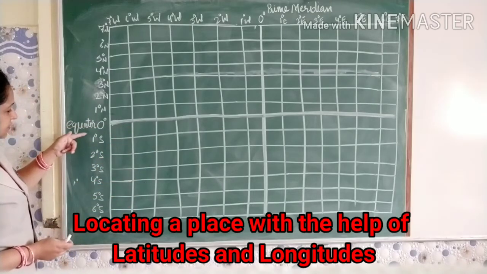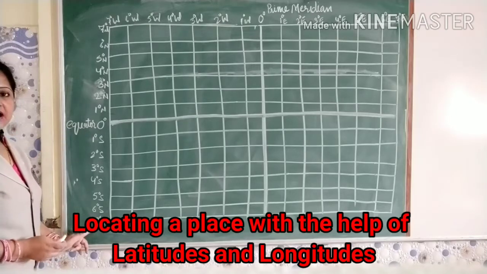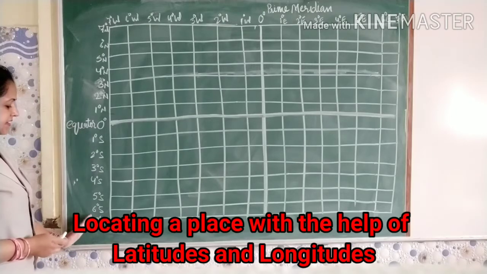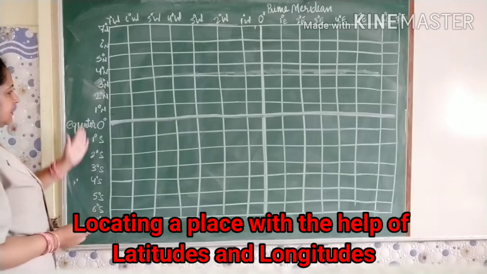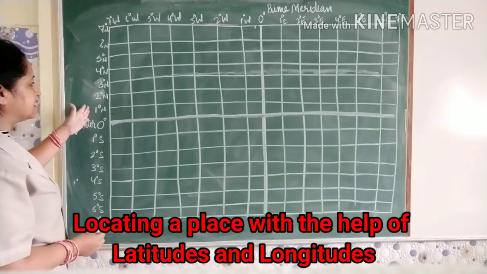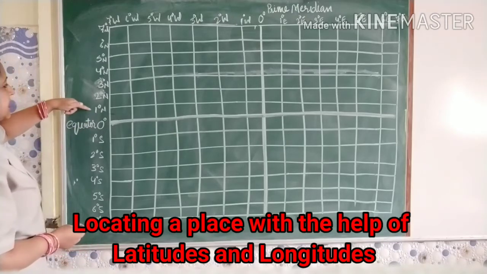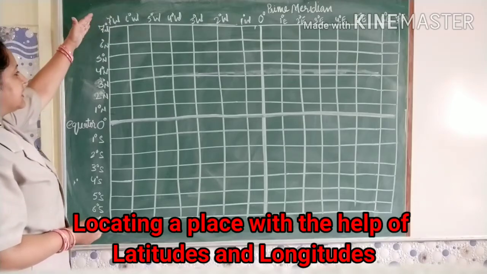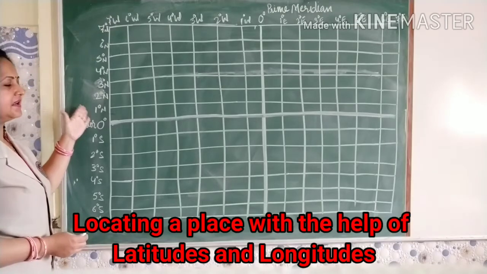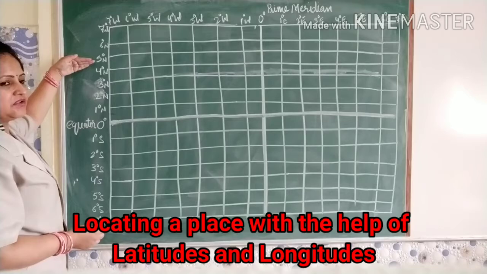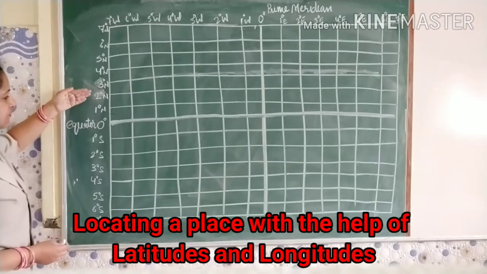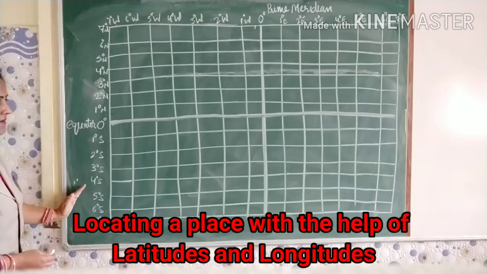From 1 till 7, I have drawn only 7 latitudes here. In the same way, in the northern hemisphere you can see from 1 degree north till 7 degree north, I have drawn 7 lines. The top side is our northern hemisphere and the bottom side is our southern hemisphere.